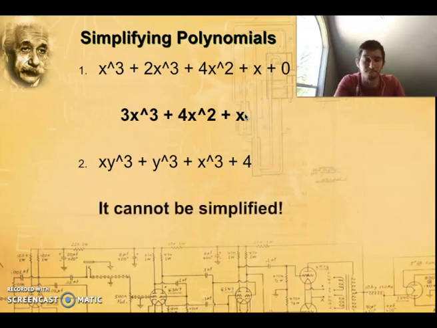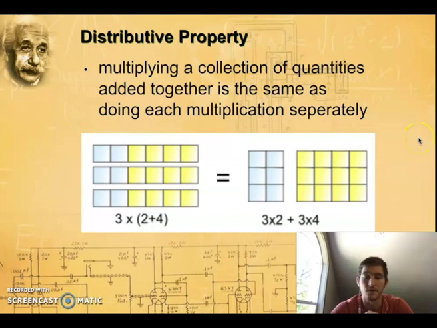Alrighty, so now we're going to look at the distributive property and how that is going to help us solve our polynomials. We briefly mentioned the distributive property in past videos, but the distributive property says that whenever we have a quantity immediately outside of the parentheses of an expression, we can multiply everything in that parentheses by that quantity. It's the same thing, right?